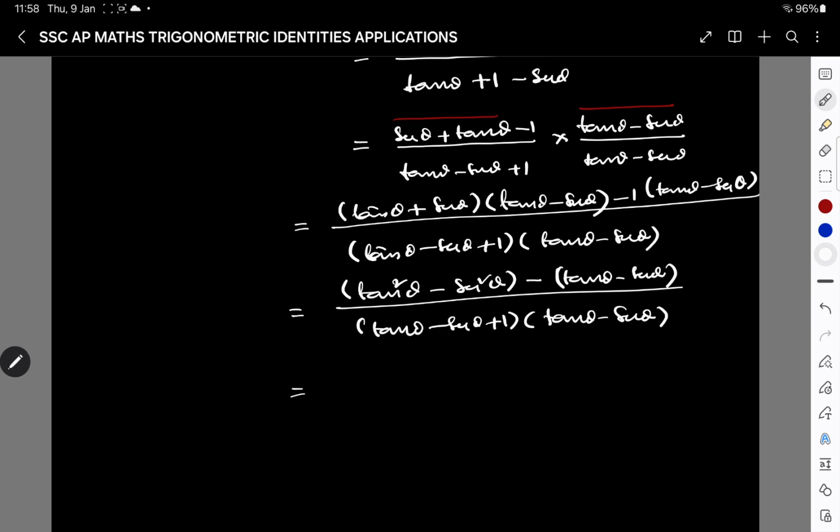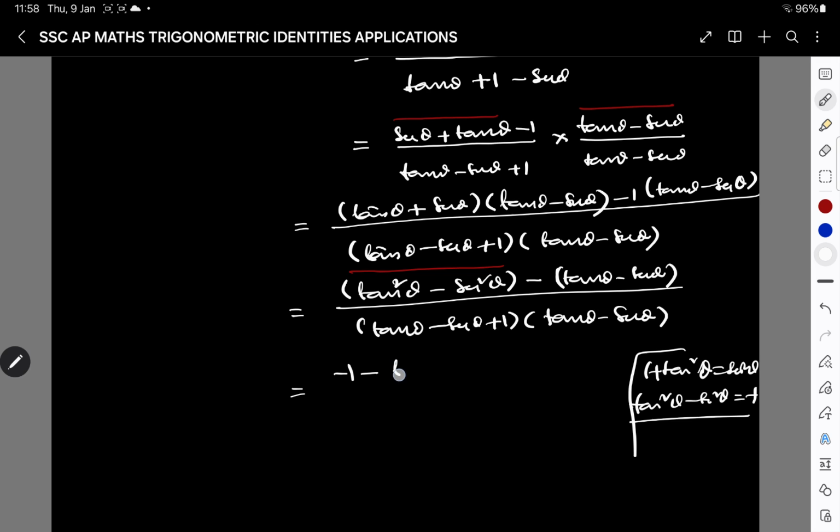If I take tan square minus secant square, 1 plus tan square theta is equal to secant square theta. You know this. Therefore, tan square theta minus secant square theta is equal to minus 1. So the numerator will be minus 1.